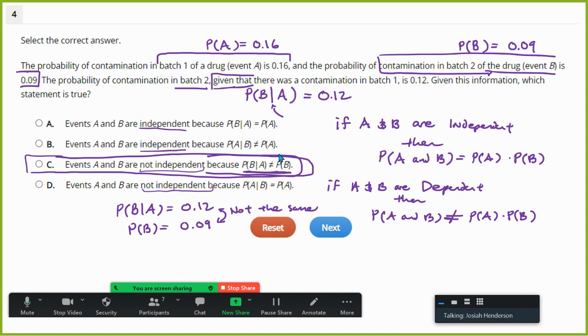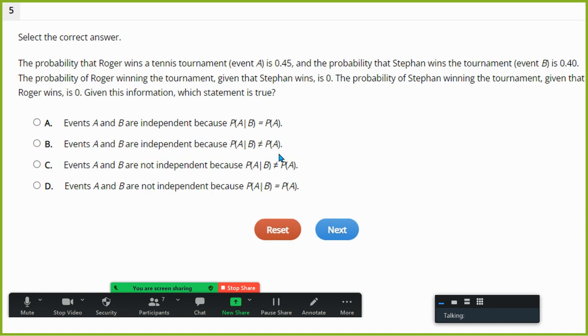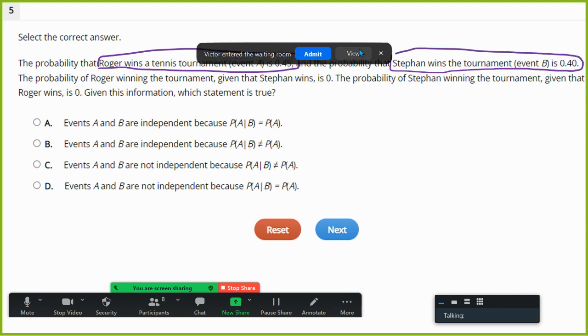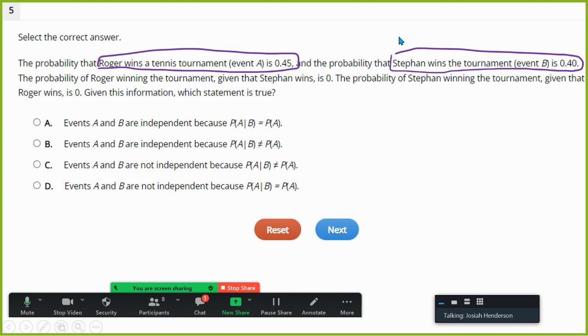We have time for one more. The probability that Roger wins a tennis tournament, event A, is 0.45. Probability that Stephen wins the tournament is 0.40. That's event B. The probability of Roger winning the tournament, given that Stephen wins, is 0.